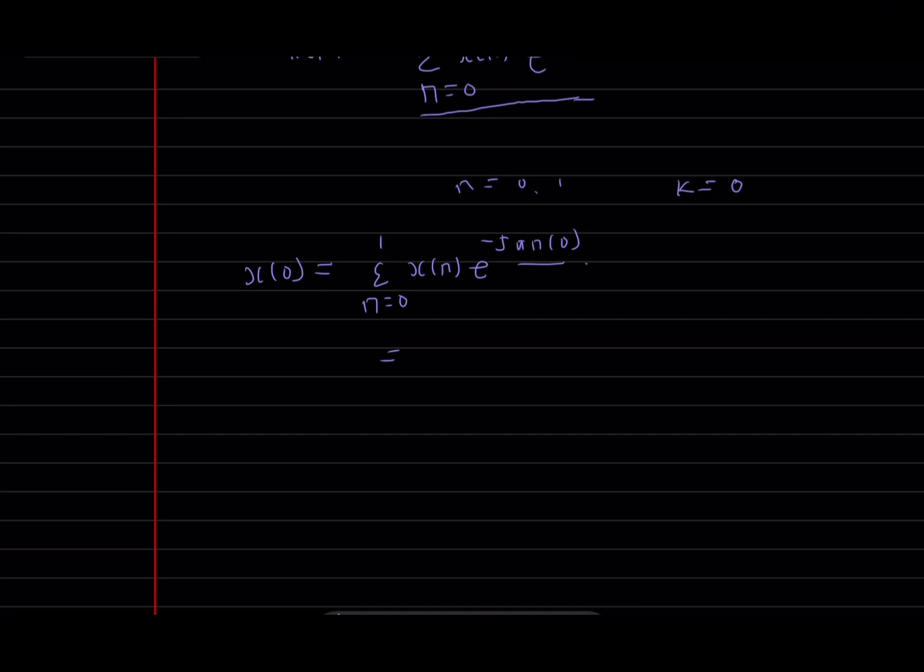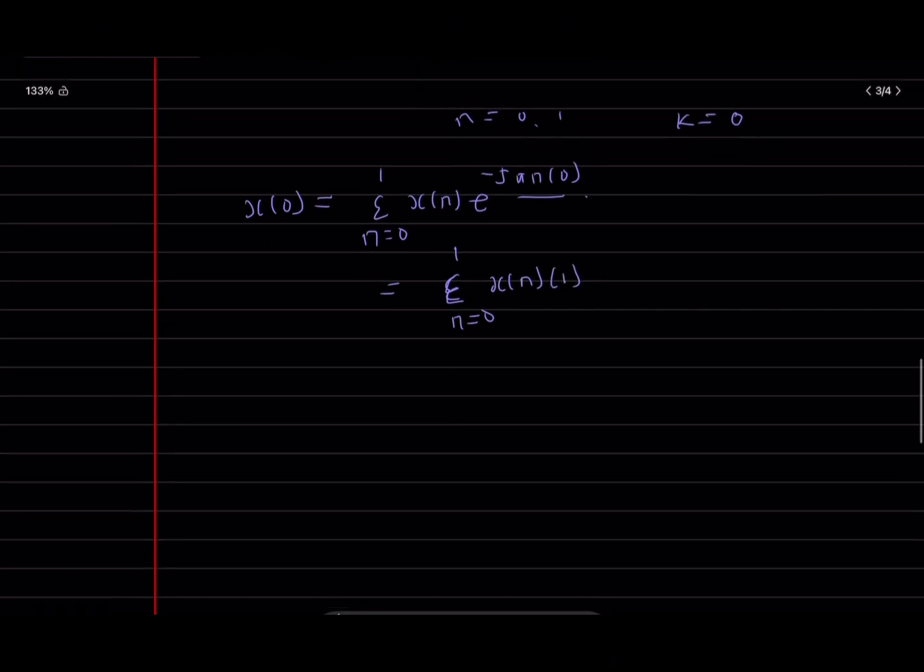So we get the summation of n equal to 0 to 1 of x of n multiplied by 1. Now that we have 1 here, we can do the summation. If n is equal to 0, we are going to get x of 0 multiplied by 1 plus, when n equal to 1, x of 1 multiplied by 1. Right, so this is the expression that we are going to get.